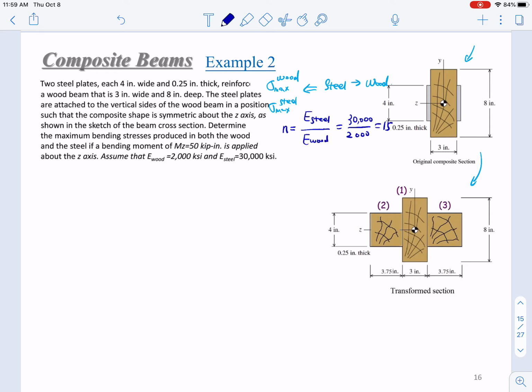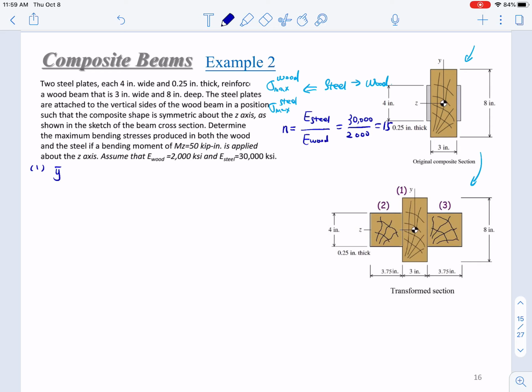After this conversion, we can try to find the y bar and I. The y bar is actually easy. If you understand this, the y bar can be easily found.